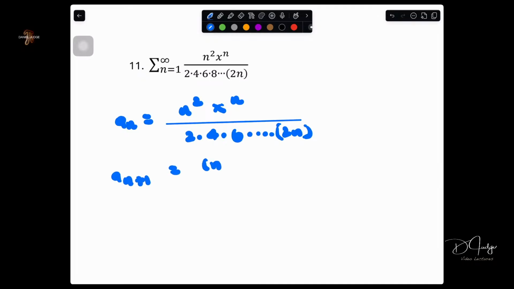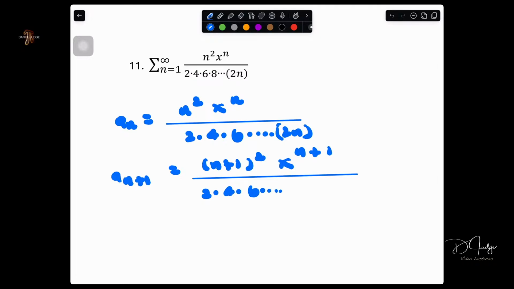The next term, n plus 1 squared, x to the n plus 1. 2, 4, 6. 2 to the n plus 1 term now. So I'm going to do, ladies and gentlemen, a little bit of algebra here. This is 2n plus 2.